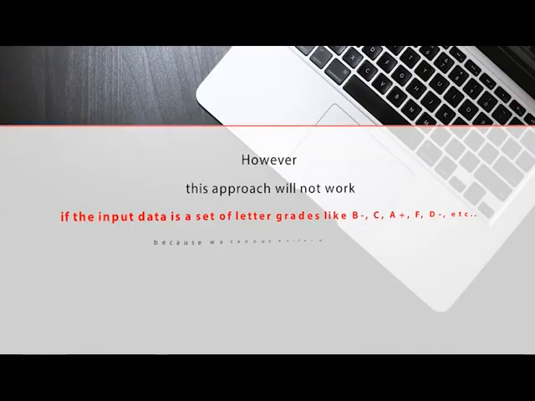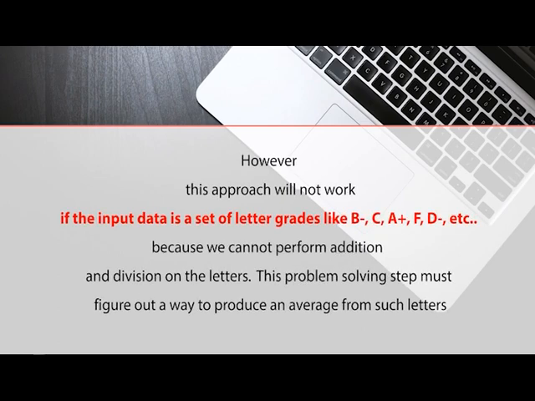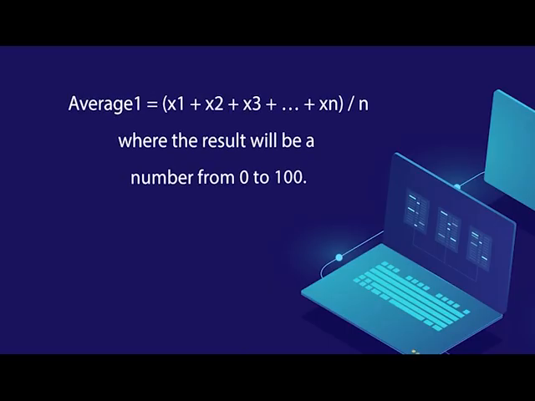Say the grades are given to the students like B, C, A plus, F, D or whatever. Then the formula x1 plus x2 plus x3 up to xn divided by n, where x1, x2, x3 up to xn are marks of the students and n is the total number of students, will not work. So, thinking is required.